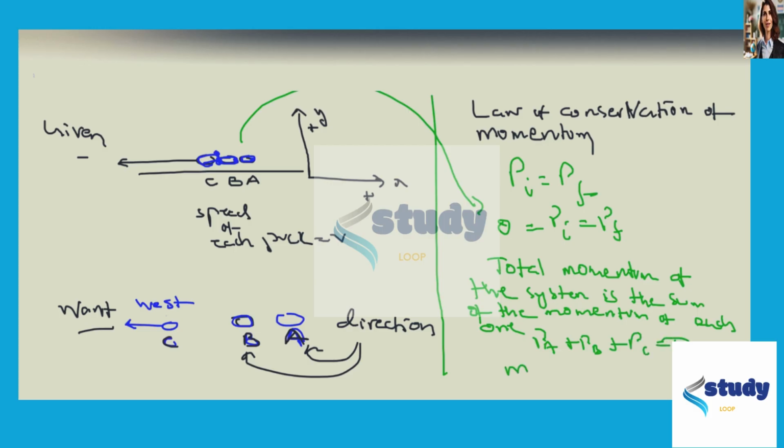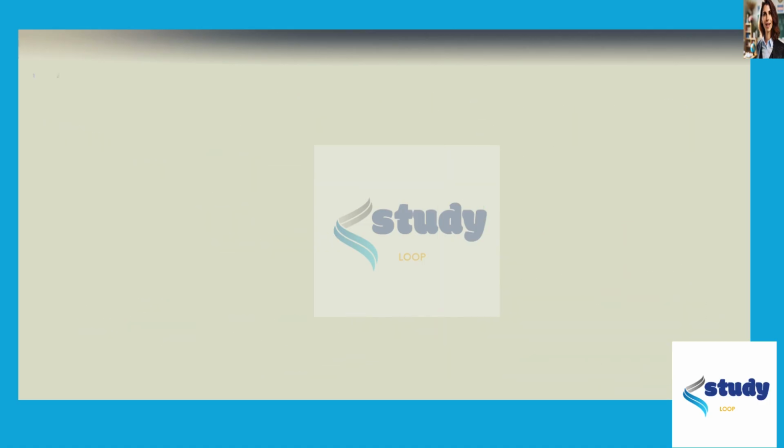But remember, momentum is mass times velocity. So mass times velocity of A, velocity of B, and velocity of C equals 0. We can divide everything by m, and that cancels out all of these m's. So we have a new relationship that says velocity of A plus velocity of B plus velocity of C equals 0.